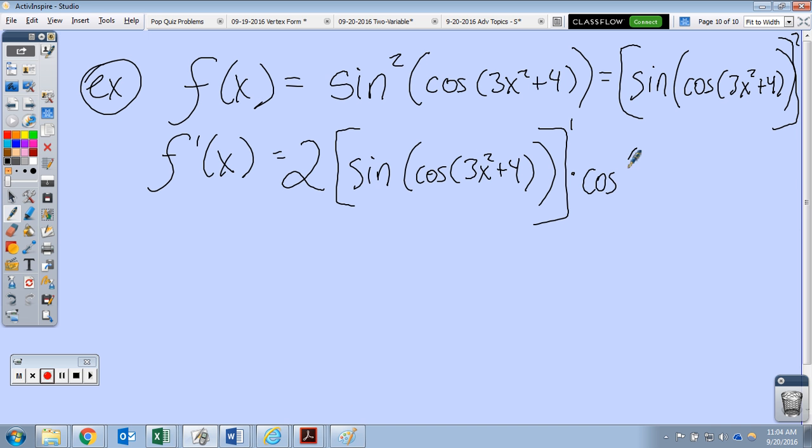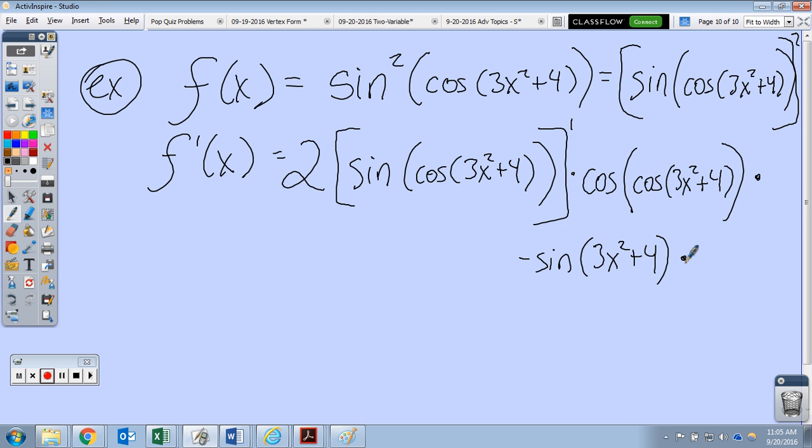Leave the guts alone, times the derivative of its guts, which is negative sine. You gotta keep going. Then times the derivative of its guts, which is 6x. This is all one line.